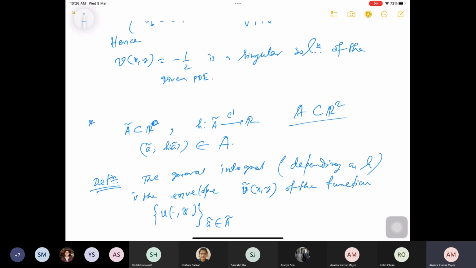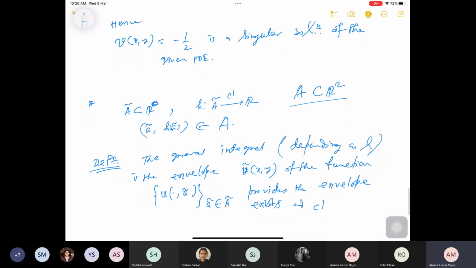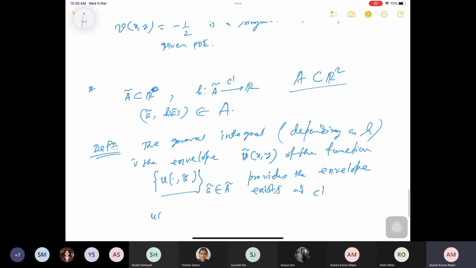Okay, provided the envelope exists, which should exist, then I can talk about it being C¹. And what is this function u(x, y, ã)? This is nothing but u(x, y, ã, h(ã)).